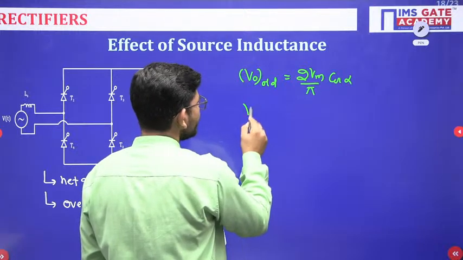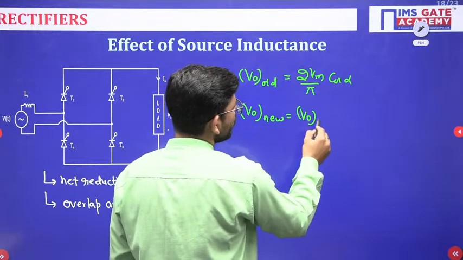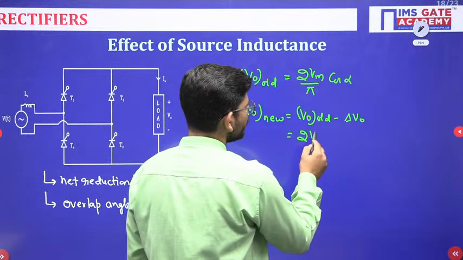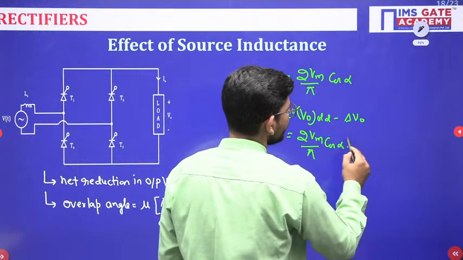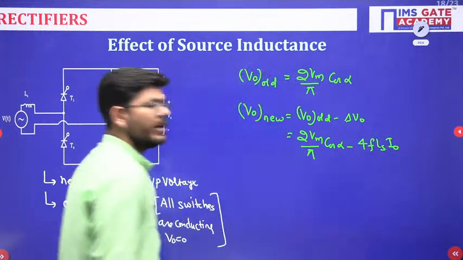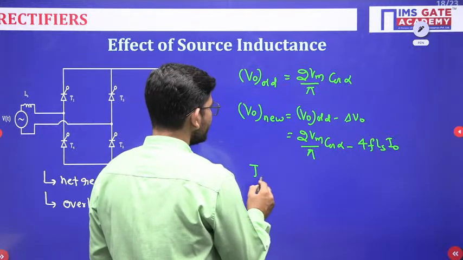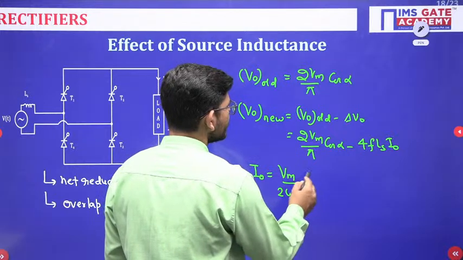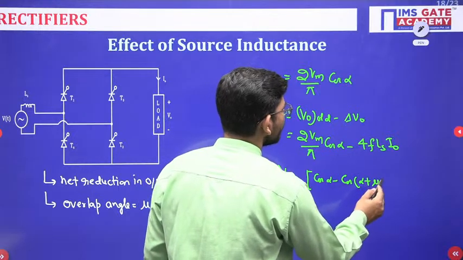Then the new voltage will be the old voltage minus the reduction factor. So we will be having 2 Vm by pi cos alpha minus the reduction factor, which will be 4f ls I naught, where ls is the value of the source inductance. Then we will be having the expression for output current, which will be Vm by 2 omega ls times cos alpha minus cos of alpha plus mu.